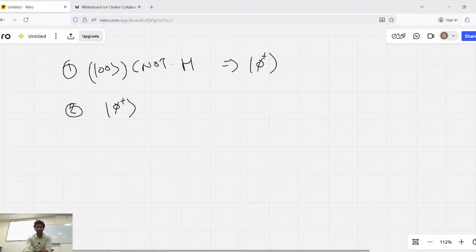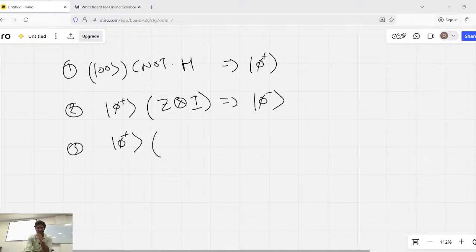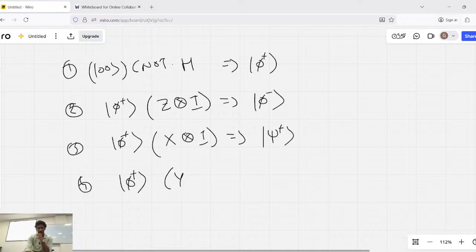For this phi plus state, if I apply the gate which we discussed, the Z gate, then I will be having a phi minus state. For the same phi plus state, if I apply an X gate, I'll be getting a psi plus. And for the same phi plus state, if I apply a Y gate, I'll be getting a psi minus state.